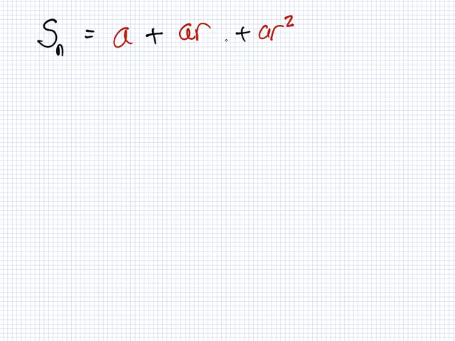Oh, the answer, we got A is minus 1. And this continues. And what's the last term? A R to the power n minus 1.